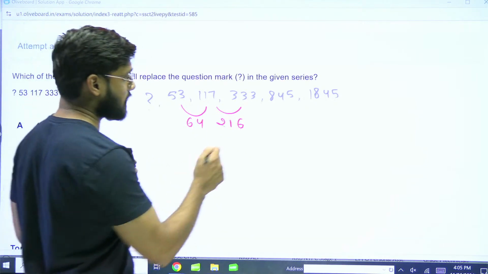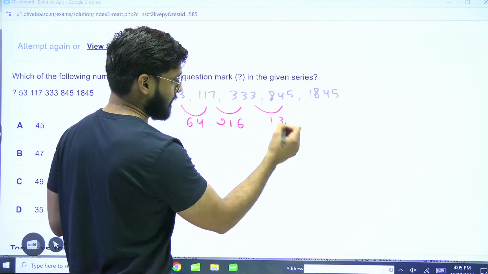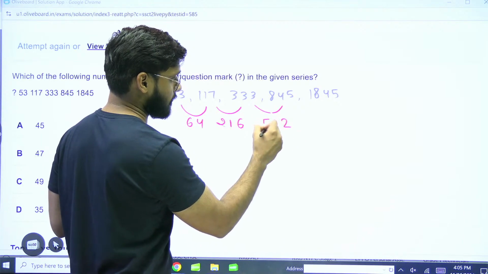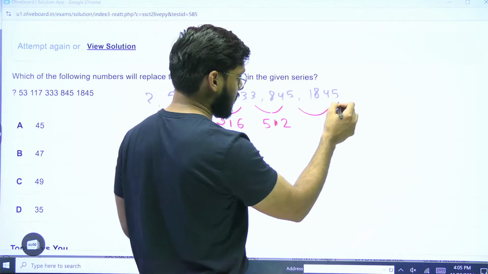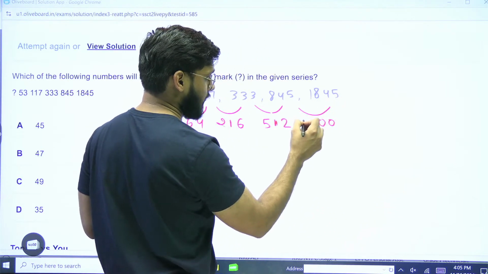Now the gap between both these numbers: 5 minus 3 is 2, 4 minus 3 is 1, 8 minus 3 is 5, so 512. The gap is 512. Similarly, the gap over here is 5 minus 5 is 0, 4 minus 4 is 0, 8 minus 8 is 0, and 1 is 1000.